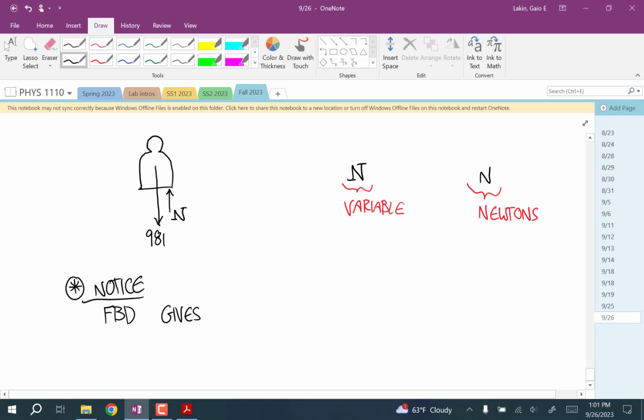And so once you have that, then all you have to worry about is what's the acceleration? What am I doing with the right hand of the equation?